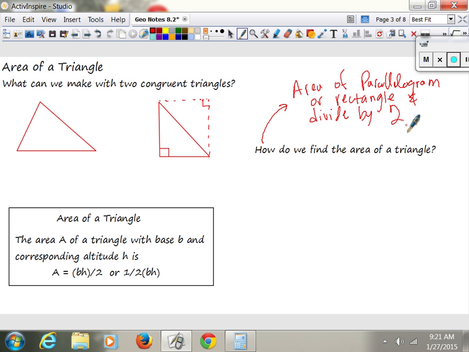Or we just cut it in half. It's half of a parallelogram. You can see that this triangle is half of that parallelogram. It's exactly half of it. This triangle right here is half of this rectangle.